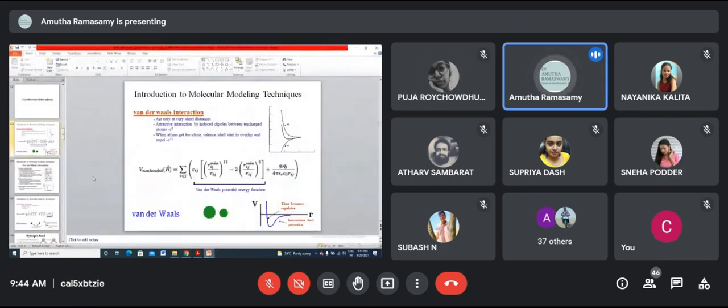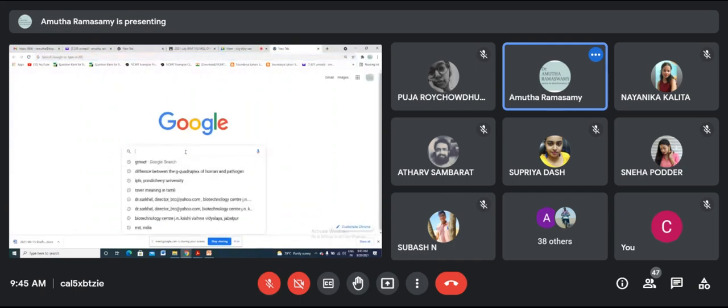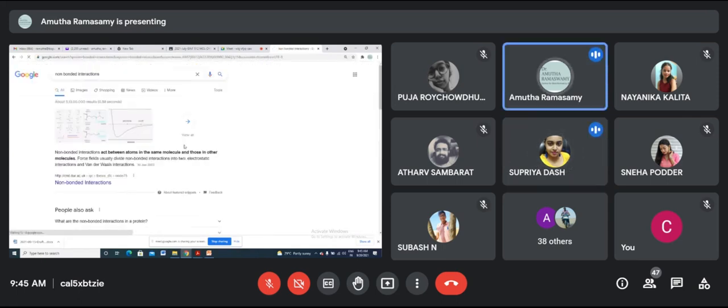So today we are going to see the non-bonded interactions. What are non-bonded interactions? What do you guess if I say non-bonded interactions? Say something. The electron pair isn't shared. Okay.